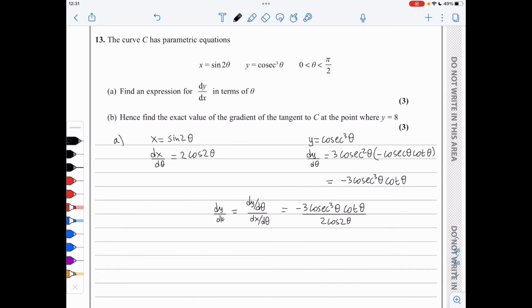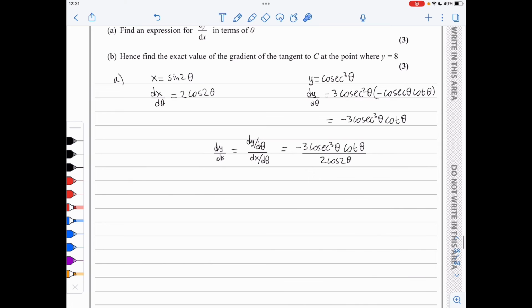B, hence find the exact value of the gradient of the tangent to C at the point where y is 8. So we need to evaluate dy/dx when y is 8. I need to find the corresponding value for θ. So if y is 8, this means that cosec^3 θ is 8.